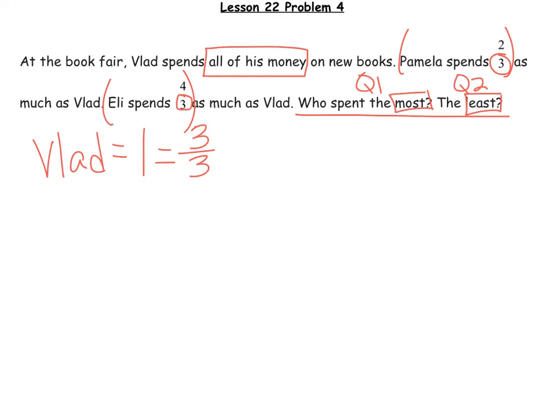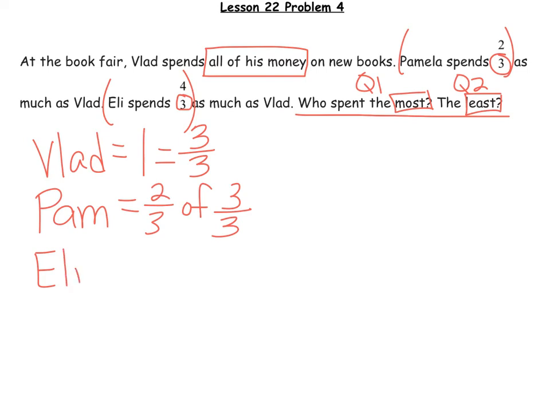Well, now let's look at what we got. We have Pam is 2/3 of Vlad, which is 3/3. And Eli is equal to 4/3 of Vlad, which is 3/3. So we're going to show a tape diagram.